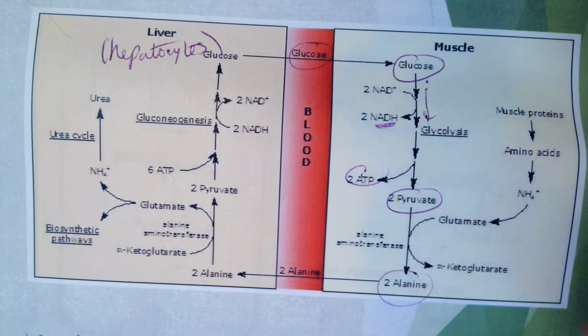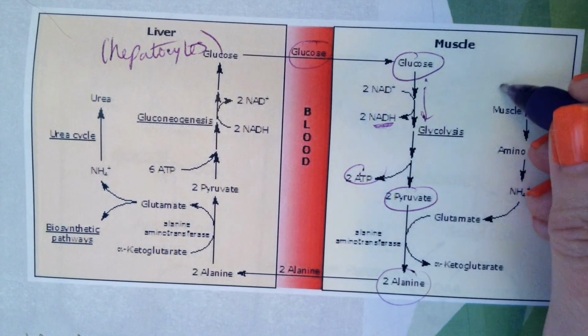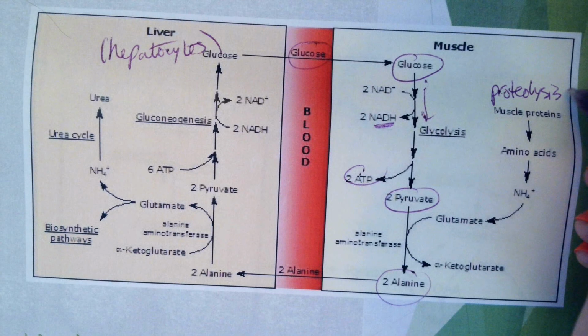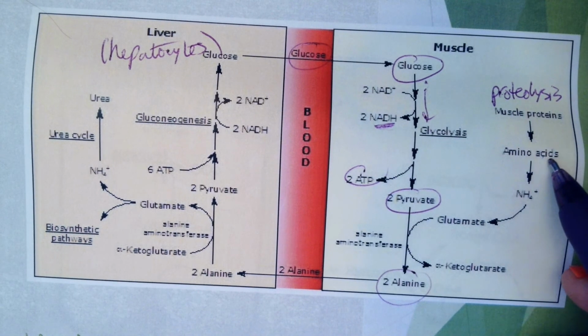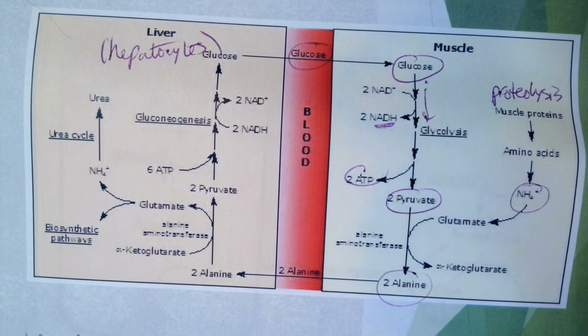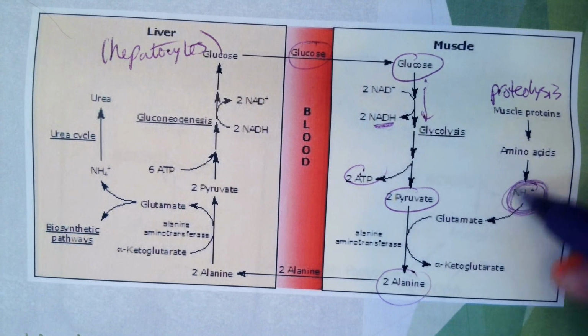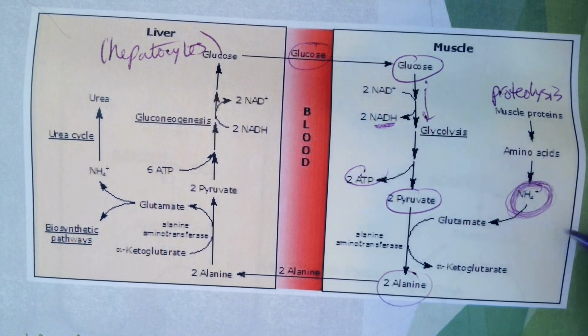Instead, what we're going to be doing is breaking down our muscle proteins. So we're going to be doing proteolysis here. That gives us our amino acids. NH4 is the byproduct that's part of the amino acid. That's the group that's moving around as we aminate and deaminate.